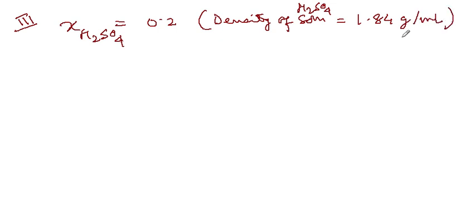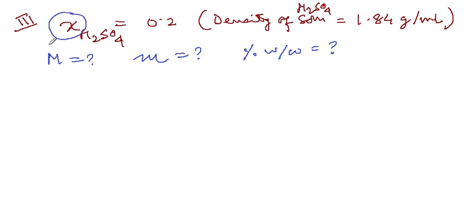The question is, what is the molarity, what is the molality, and what is the percentage by mass? We are going to try to get the answer for this. Before that, let's try to understand what mole fraction means.